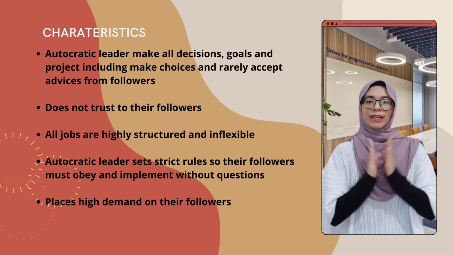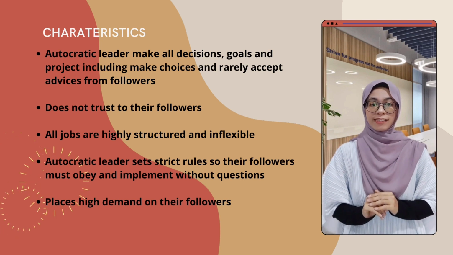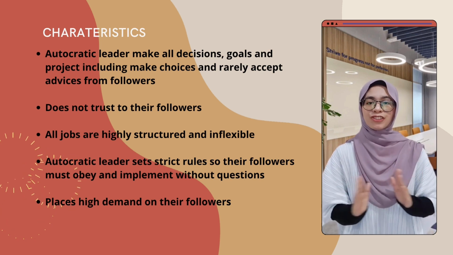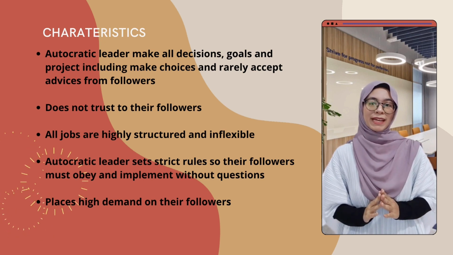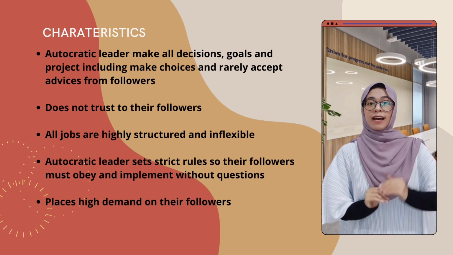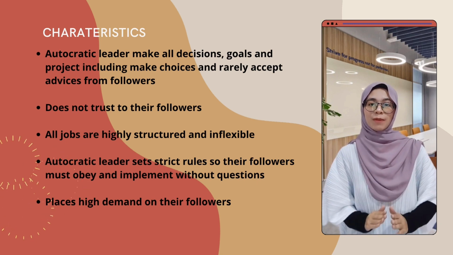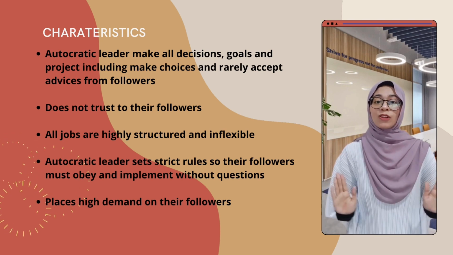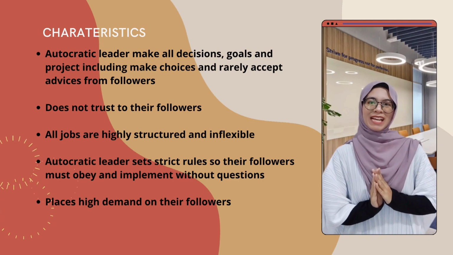And number 4, it is quite uncomfortable when an autocratic leader exists because they set very strict rules, so everyone must obey the instructions given by the leader. Lastly, the autocratic leader places high demands on the subordinates, which puts pressure on the team to complete the task. That's all from me, and now I would like to pass this presentation to the next presenter.